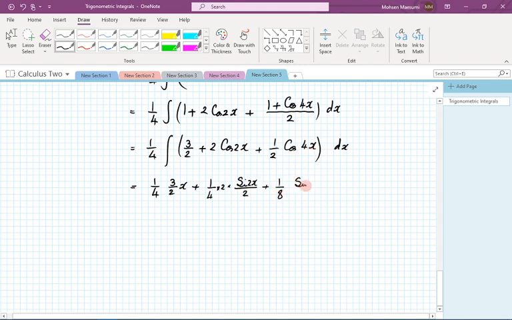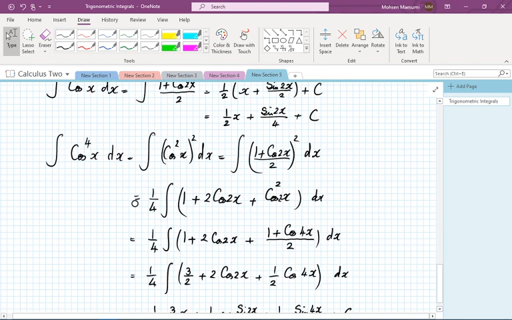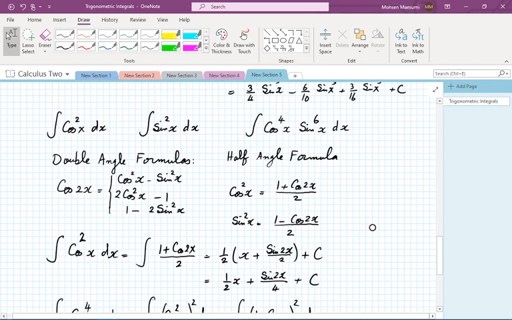The antiderivative of this is going to be sine of 4x over 4, and then a constant. Then of course you can simplify it a little bit, and you'll have your antiderivative. Okay, you notice the amount of work is expanding, and that's the nature of the beast. As you go to higher and higher powers, you have more and more work to do, but I think we can postpone that to some other time.